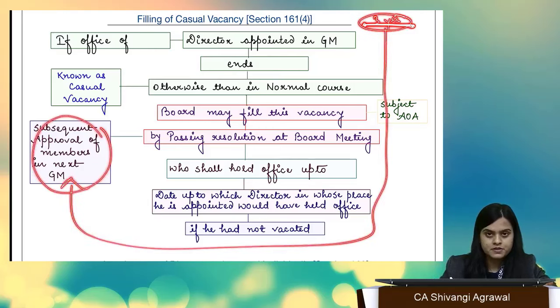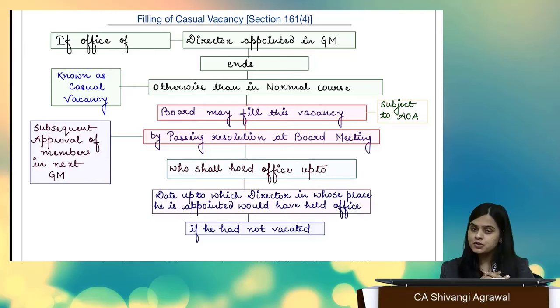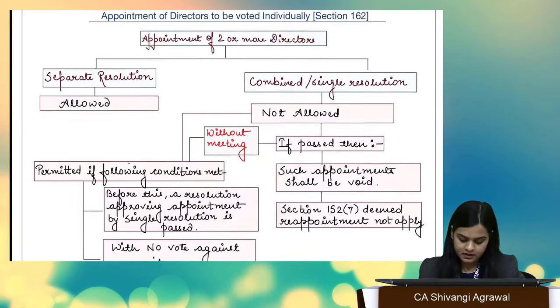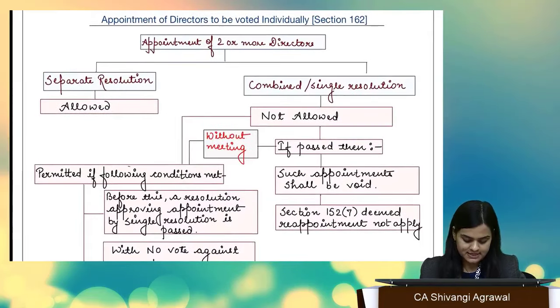So although the board has the power to appoint anyone wherever casual vacancy arises just by passing a board resolution, they have to seek subsequent approval from the members also by passing an OR in whichever next general meeting comes. Okay? Clear? Fine, ma'am.